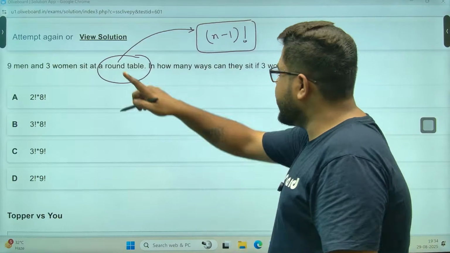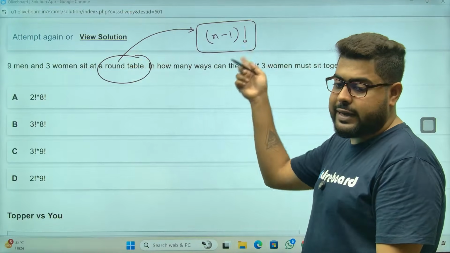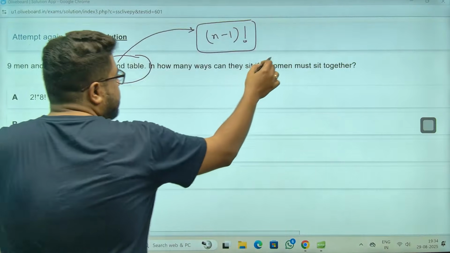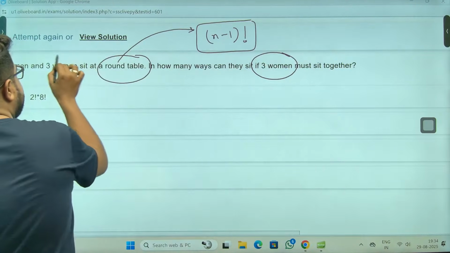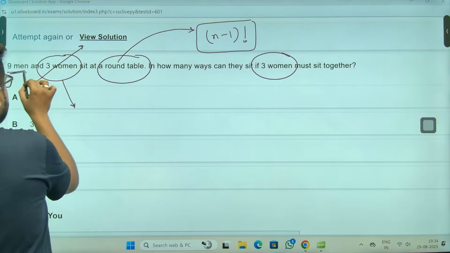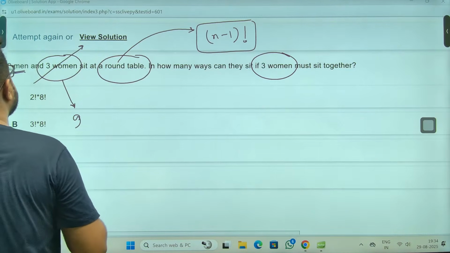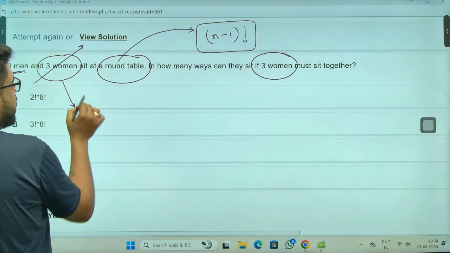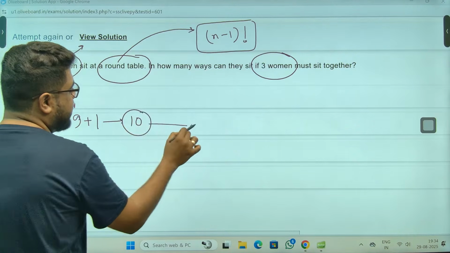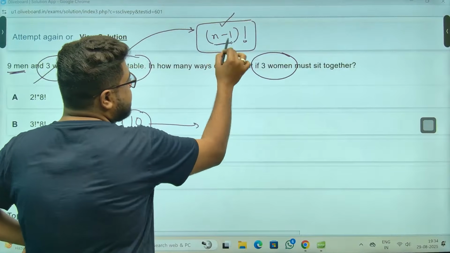In a linear row, it will always be n factorial, but round table is always one less. Now, 3 women must sit together, meaning these 3 women are one entity. So how many people do I have? 9 men here, and 1 woman entity. That means total 10 people. For 10 people, circular permutation will be 10 minus 1 factorial.